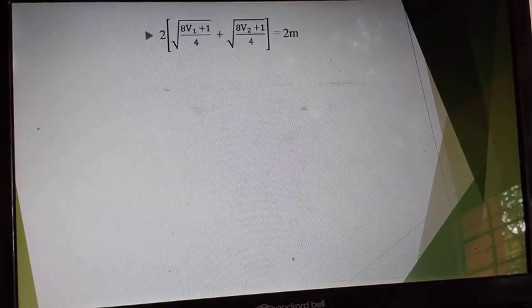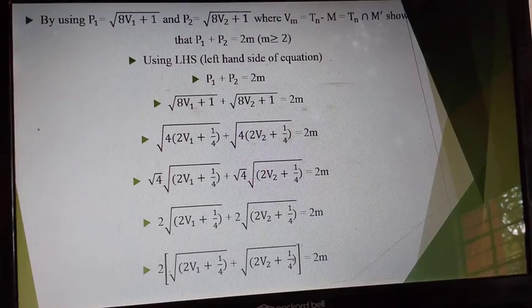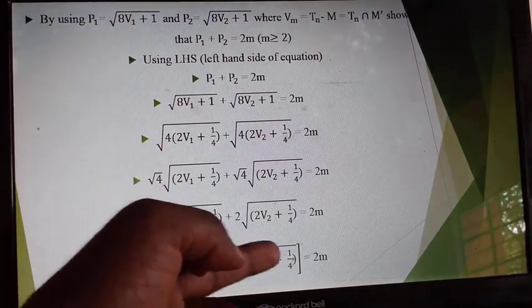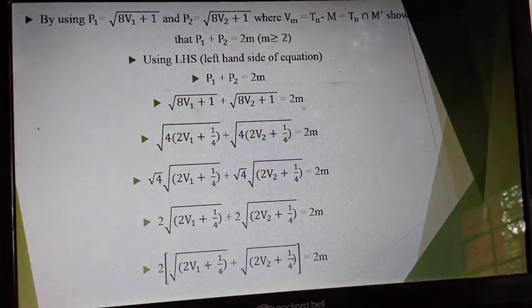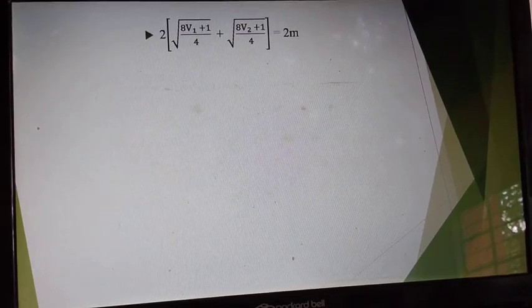We move on to the next part. We now find the square root of everything inside. But before that, I take you a bit back. We need to simplify what we have inside here. Once we simplify what we have inside the square root, we get what you can see on the screen.